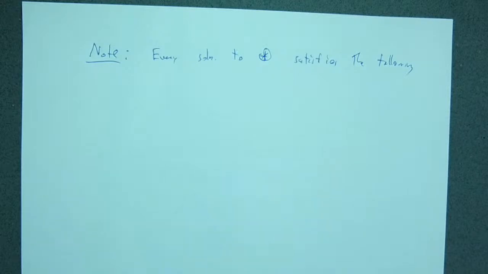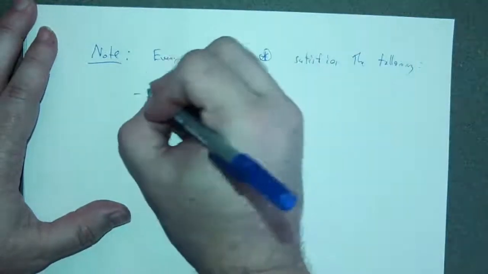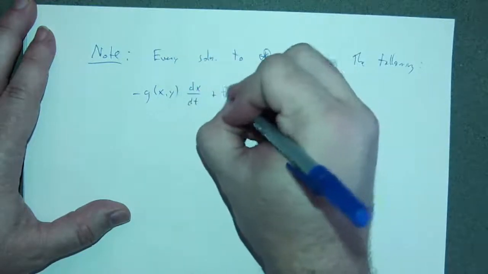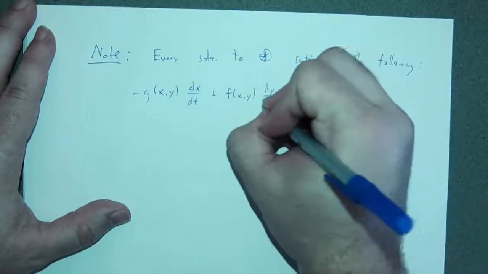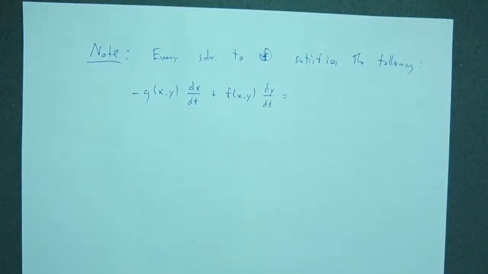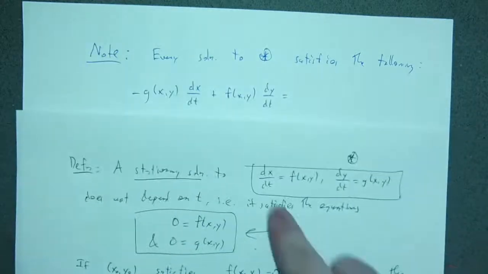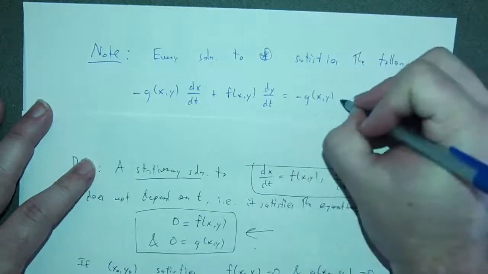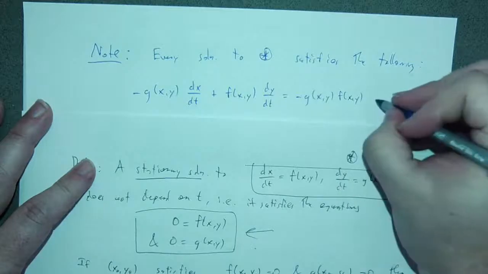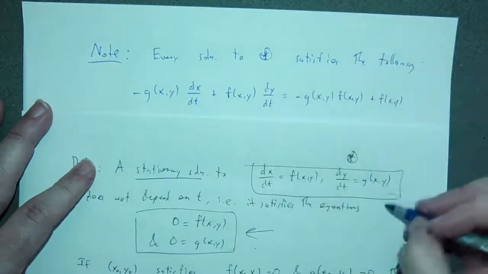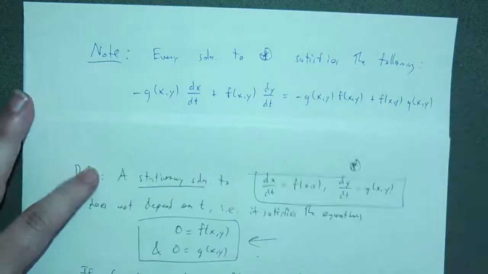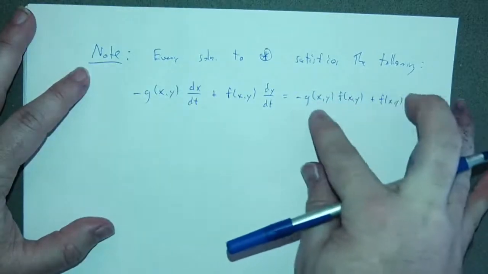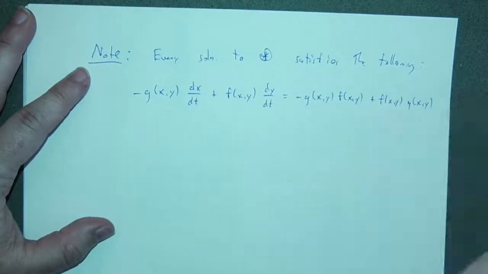Well, what is minus g of xy times dx dt plus f of xy times dy dt? Well, by this fact, dx dt is f of xy. So this is minus g of xy times f of xy plus f of xy times dy dt, which is g of xy. And so minus g f plus f g, this is 0.